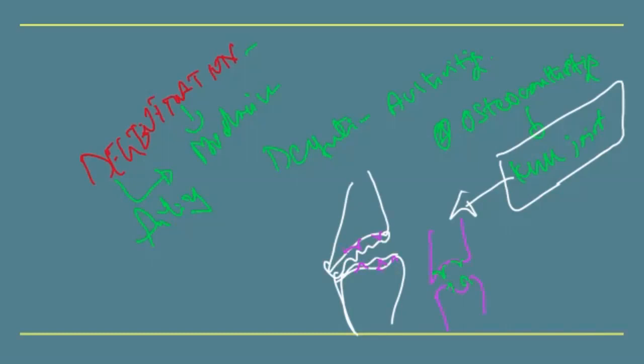That is why old people have sounds. When we examine the knee joint and palpate it, we feel crepitus. When we put our palm on the knee joint and passively flex and extend the patient's leg, we will feel the crepitus, because of the degenerative changes.